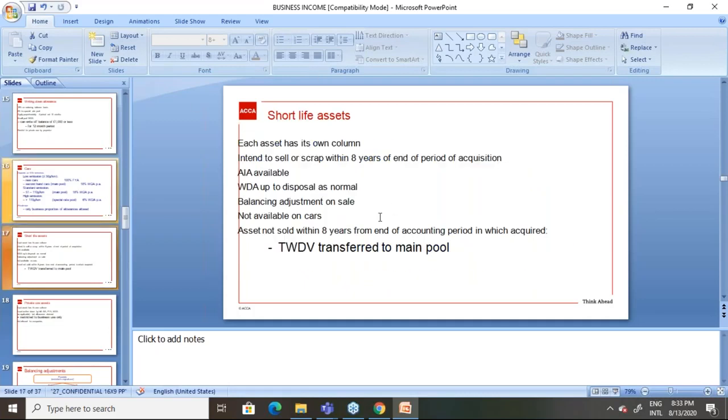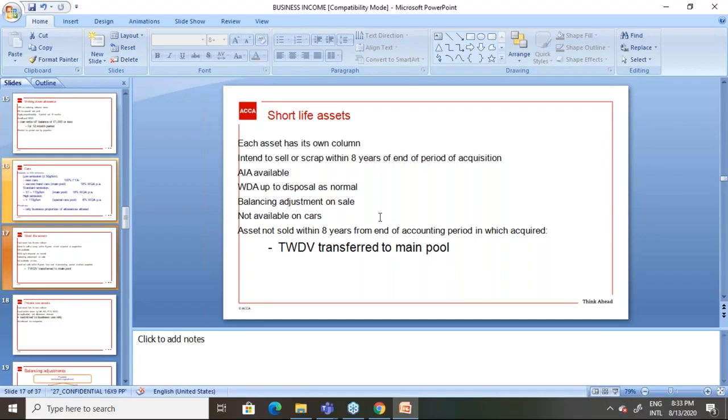Then short life assets, not a very important one, but since it's there, I will explain it. If you have bought the asset with the intention of selling it within a period of 8 years, you maintain a separate column and you claim normal WDA on this until you dispose of the asset. That is at 18%.